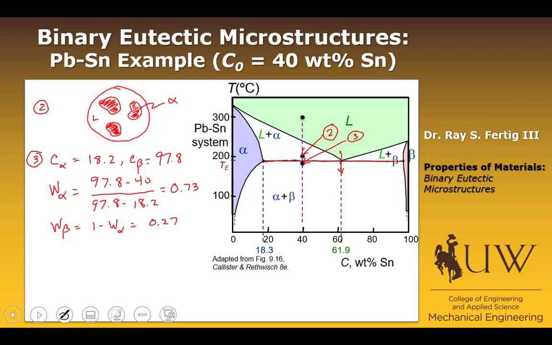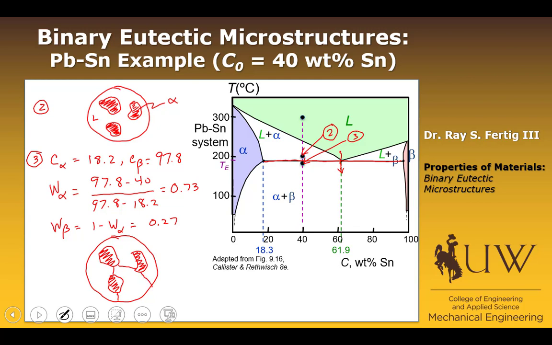So let's see if we can do that. Okay, I'll try to draw it as closely as I can to what I drew up there. It looks like a kidney bean there, and then something like that. So there's what existed as alpha before we crossed that eutectic line on cooling. Now let's make a few grains here. I'm going to draw these as grain boundaries.